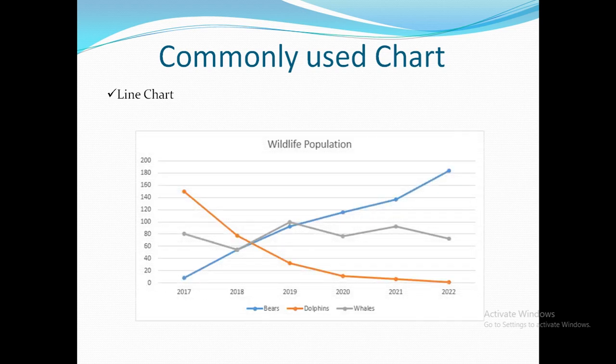Next category is our line chart. In this type of chart, the data is illustrated through lines. This chart is useful when you want to compare trends in data over a period of time. So it basically displays a graph.